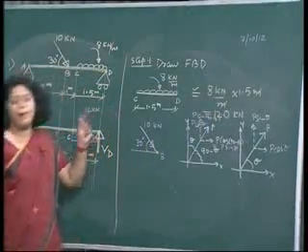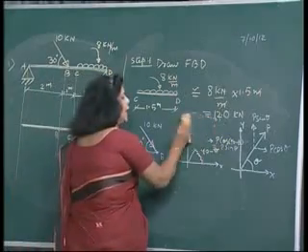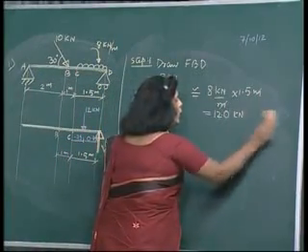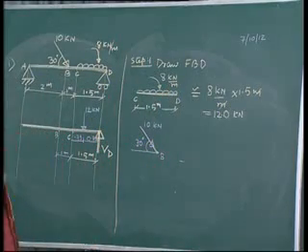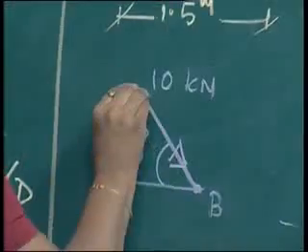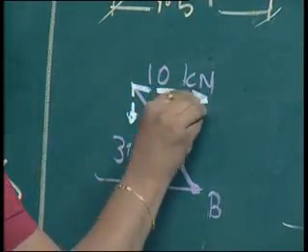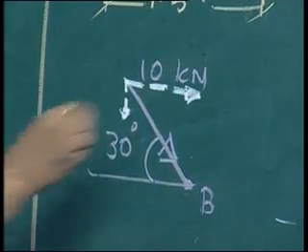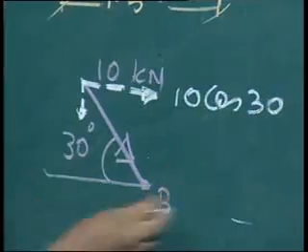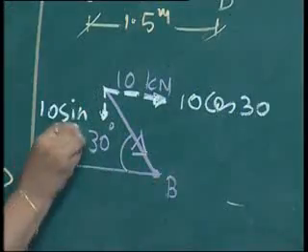So in our numerical, the force is inclined with respect to the horizontal axis, so our horizontal component will be cos and the vertical component will be sine. We will have two components, one in the horizontal direction and one in the vertical direction. The horizontal component will be 10 cos 30 and the vertical component will be 10 sin 30.